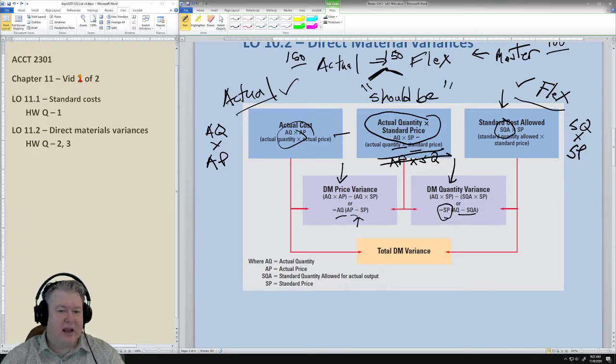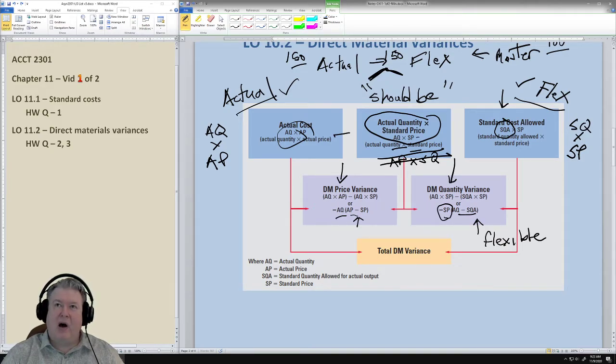One other thing I want to mention is, you notice that I keep saying standard quantity. In some other textbooks they use that, and here they use standard quantity allowed. I think this is just an indication that we need to remember that this standard quantity allowed is based upon a flexible budget mentality. We'll see what that means in just a minute. But these are the equations that we're going to use.